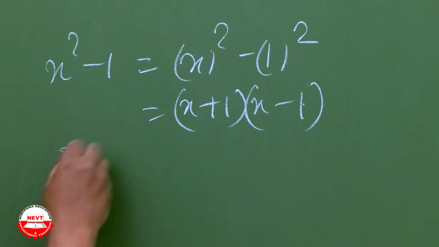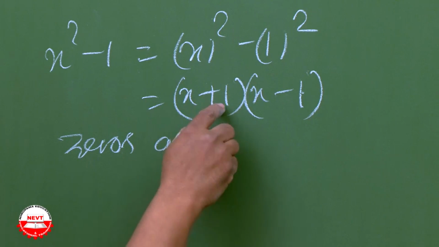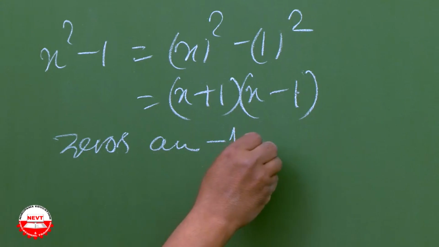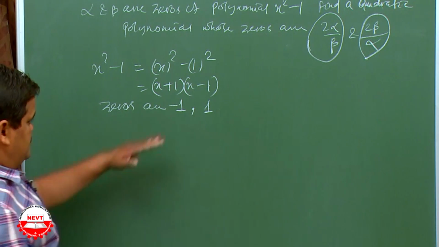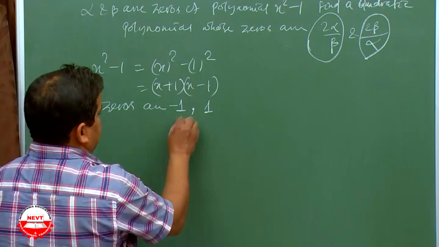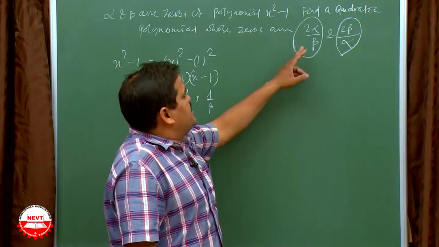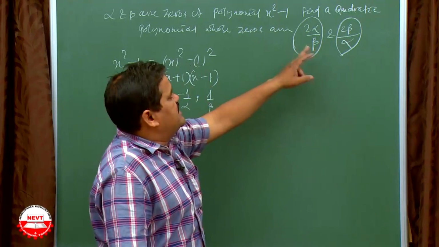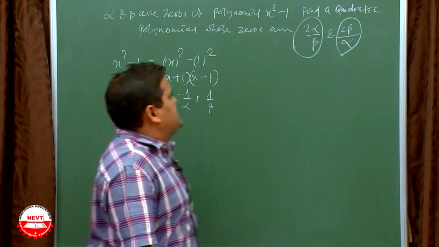So what are the zeros? If x plus 1 is 0, then one zero is minus 1, another zero is plus 1. Now taking these two values, this is alpha, this is beta. You have to make another polynomial whose zeros are 2 alpha by beta and 2 beta by alpha. So actually what are the zeros? First find it out.